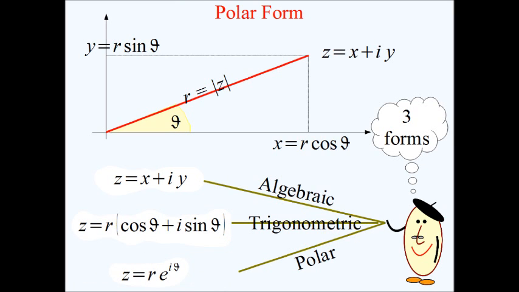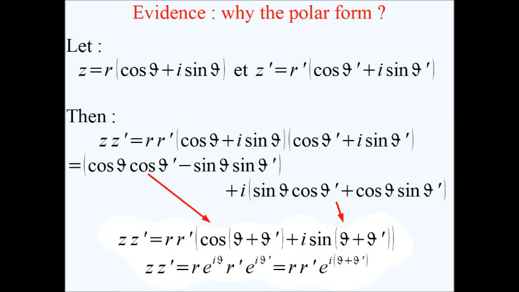And next, the polar form: r times exponential of i times theta, where theta is the argument, and that is explained by the trigonometric formulas. You can observe that the modulus of a product is the product of the moduli, and the argument of a product is the sum of the arguments.